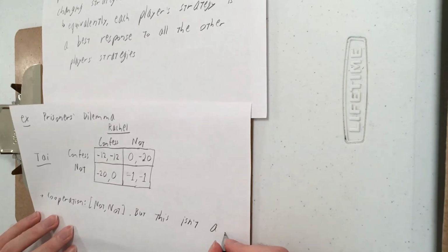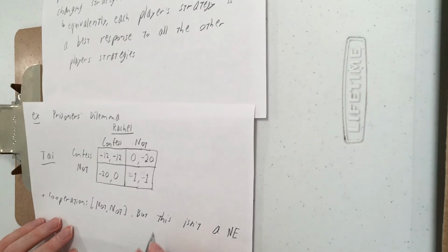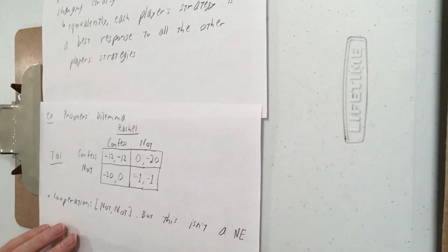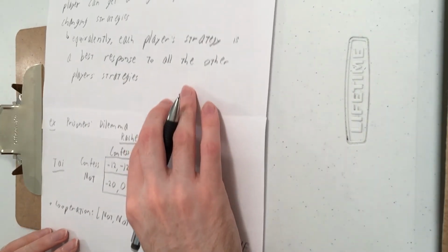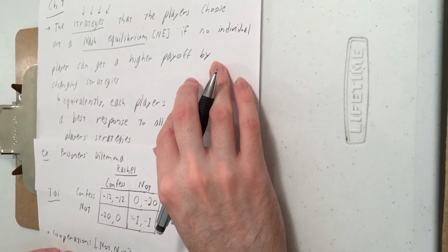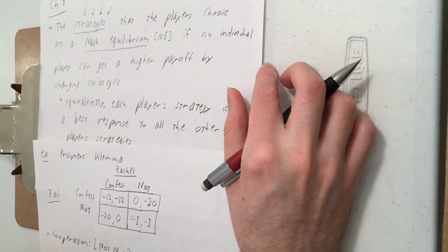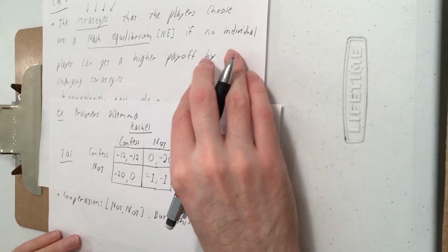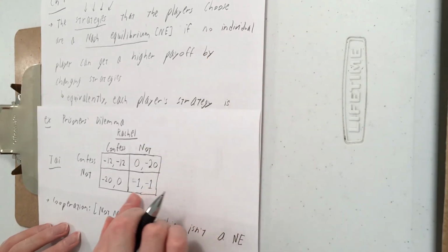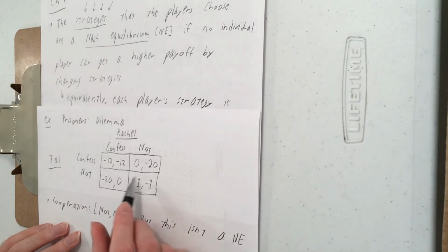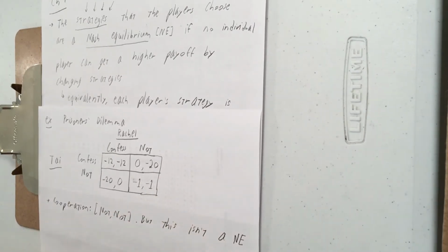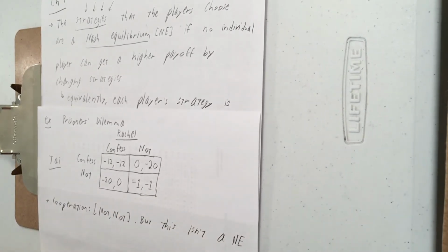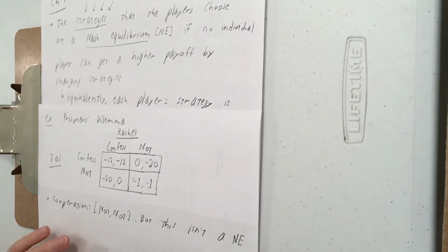So that's an abbreviation here, not a NE, not a Nash equilibrium. Why is that? Well, to be a Nash equilibrium, no single player can change strategies and get a bigger payoff. So just gotta look at that cell here in the table for not. And you can see that actually both players can change strategies and do better for themselves.